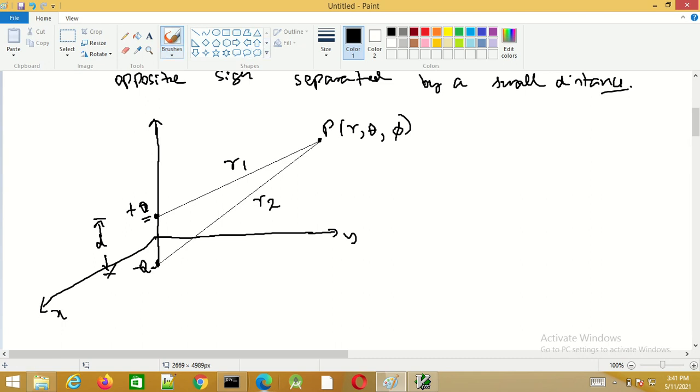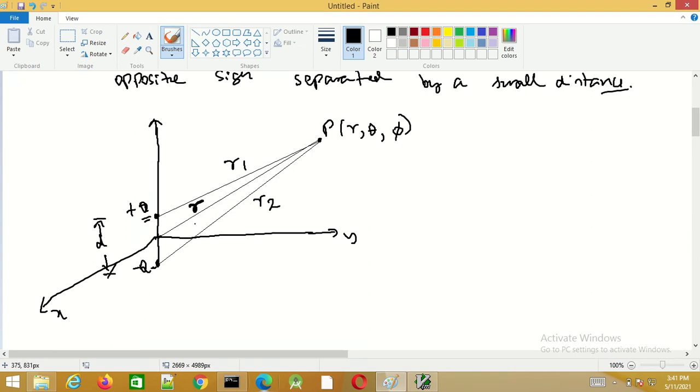And since this point P is given by r, theta and phi, this distance is r, the distance of the point P from the origin.